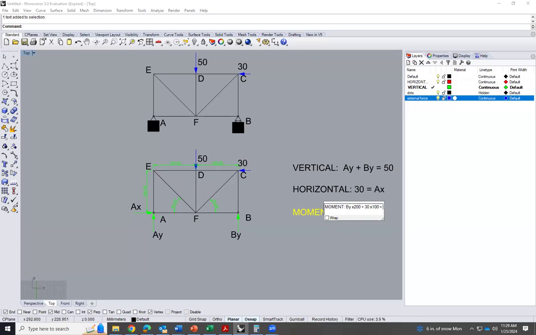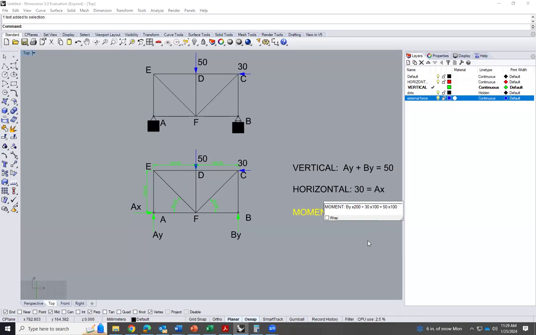So now what makes the structure rotate clockwise? What makes equilibrium? This 50, this force. And what's the distance perpendicular to this line about this point? So it's 100 too. So that will be 50 times 100.